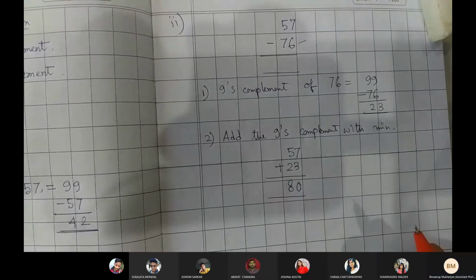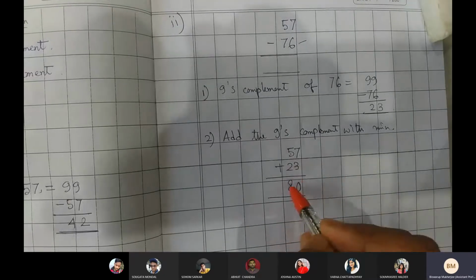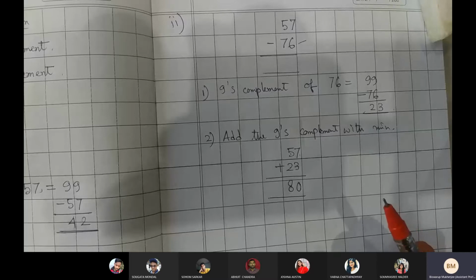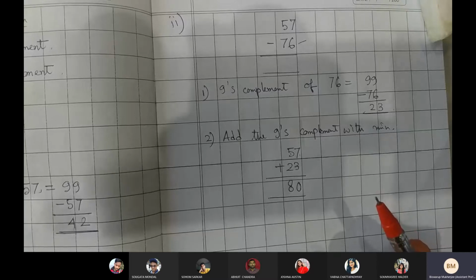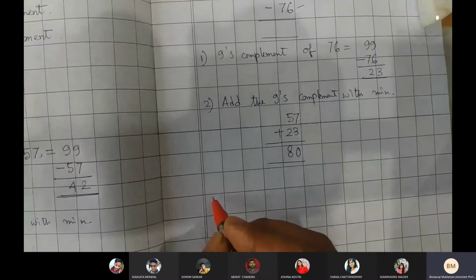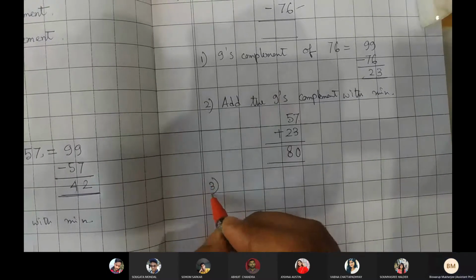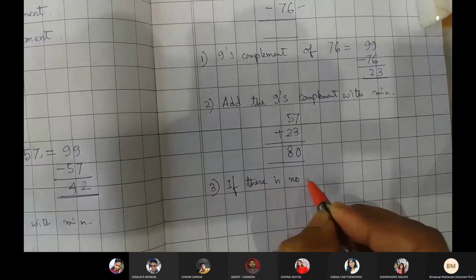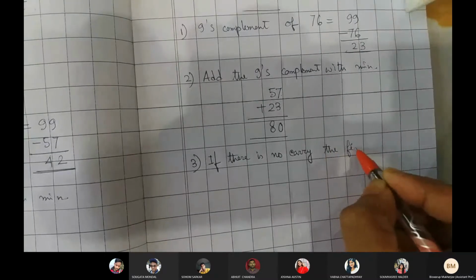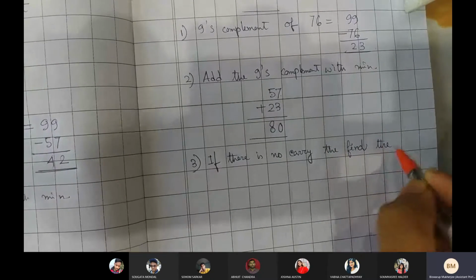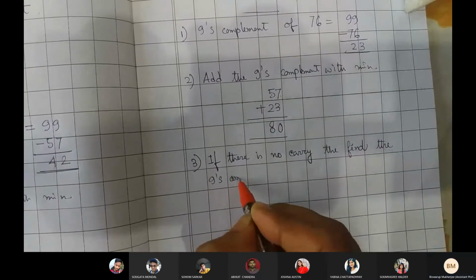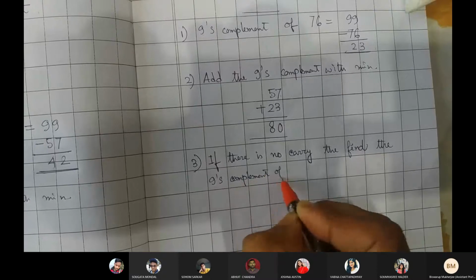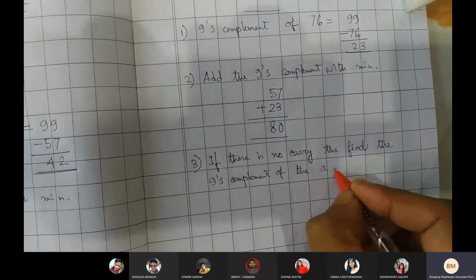Okay. Now the question is, if there is no carry, because both are 2-digit, so that means no carry. If there is no carry, then the rule I am writing down first: if there is no carry, then find the nines complement of the addition result.